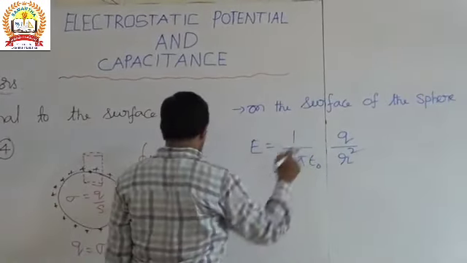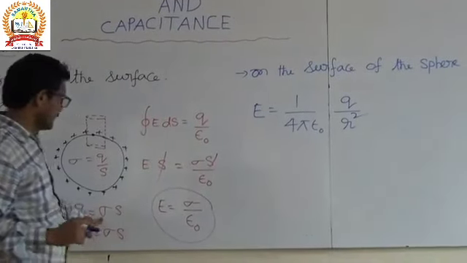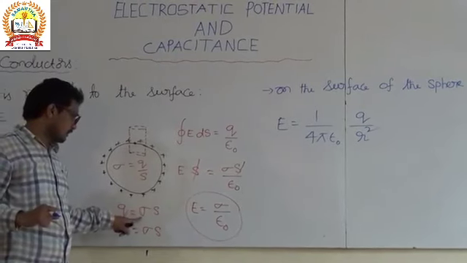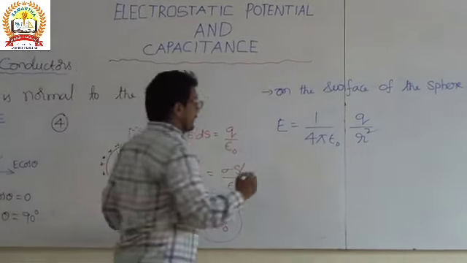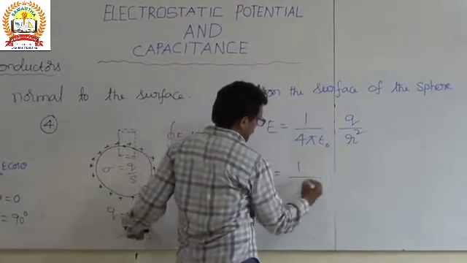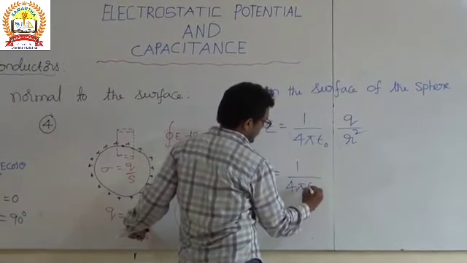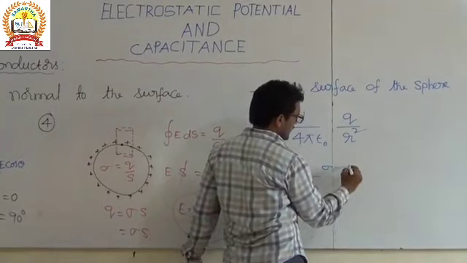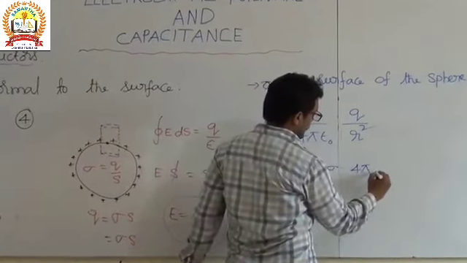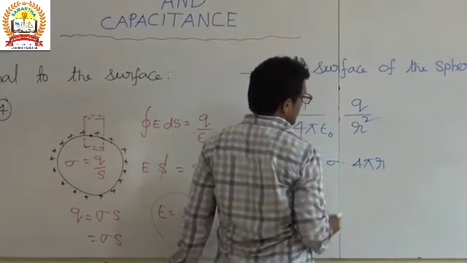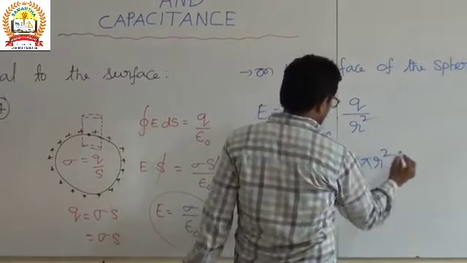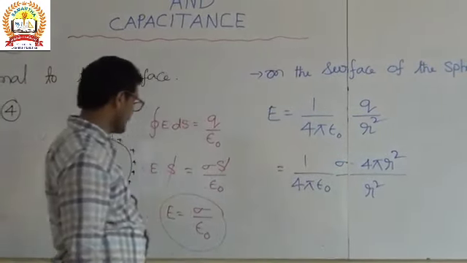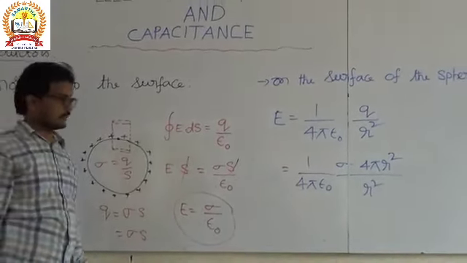Then here we can substitute that in terms of the surface charge density. We know the surface charge density is sigma into S. Then E equals 1 upon 4 pi epsilon naught, then Q we write as sigma into the surface area, 4 pi r square, divided by r square, because the surface area of the sphere is 4 pi r square.